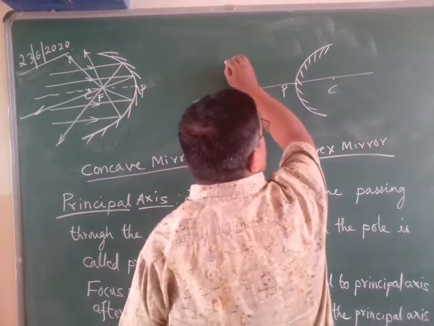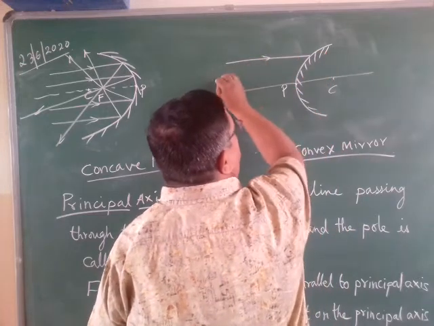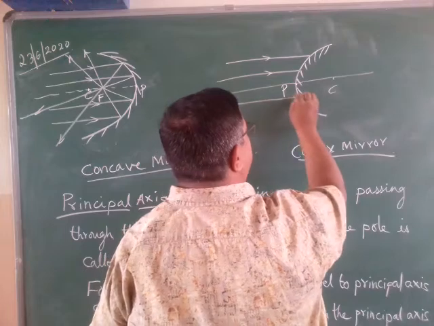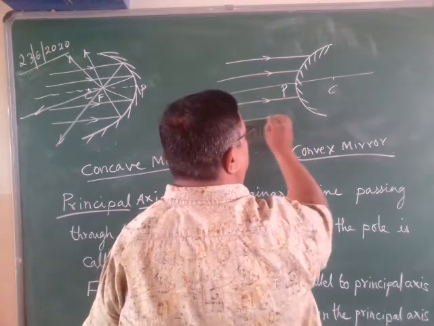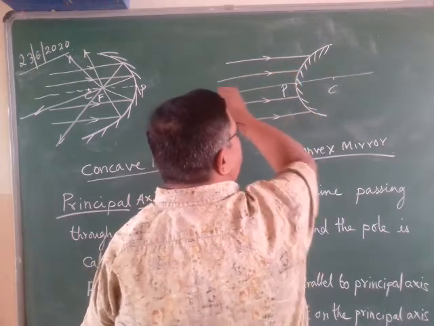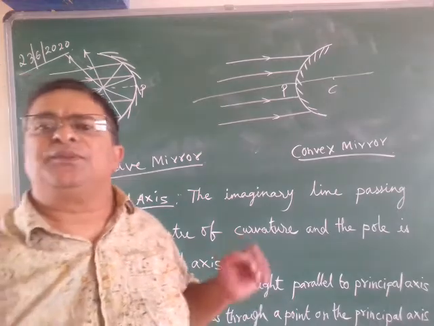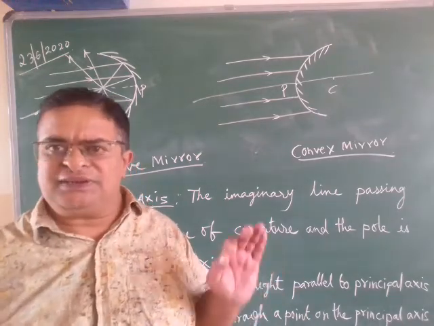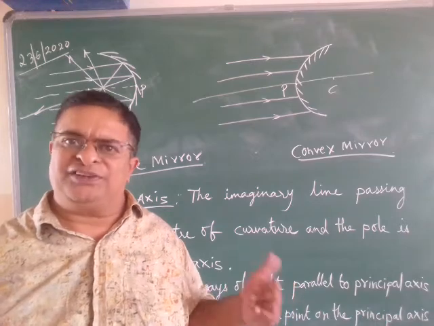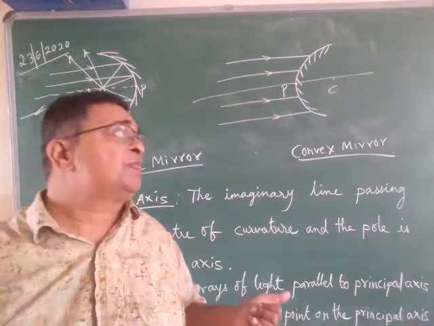Here also, let us consider 4 rays of light which are parallel to the principal axis. And what is the principal axis? It is the imaginary line that passes through the pole and the center of curvature of the mirror.